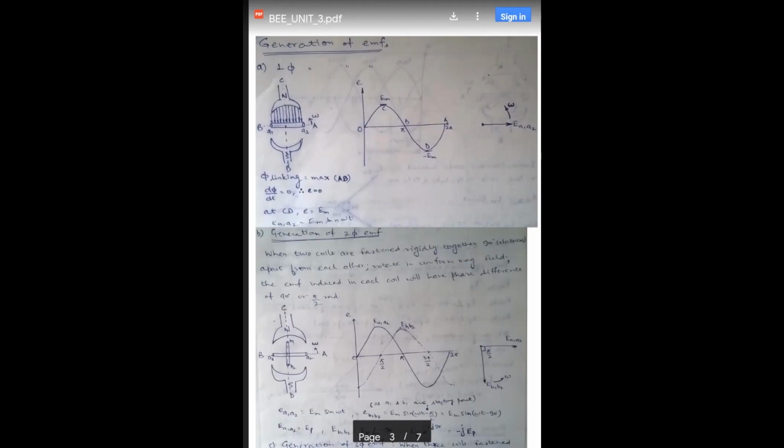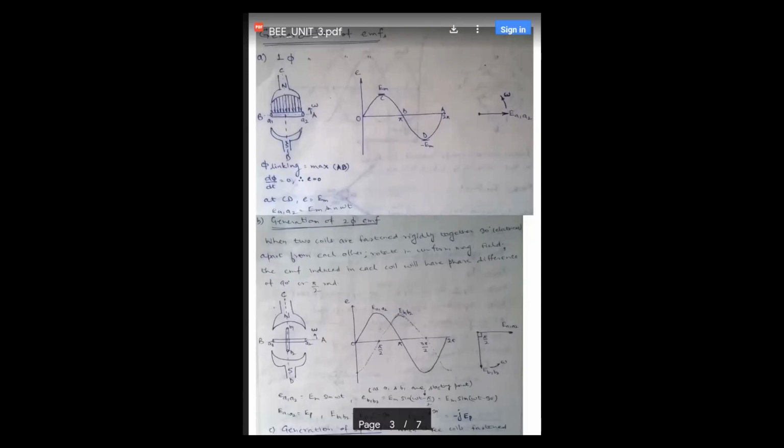Now the anti-clockwise direction is shown in this diagram as well, and also in the phasor diagram. In the waveform also we can see that the angle with which the conductor is changing its position is in synchronism with its position.